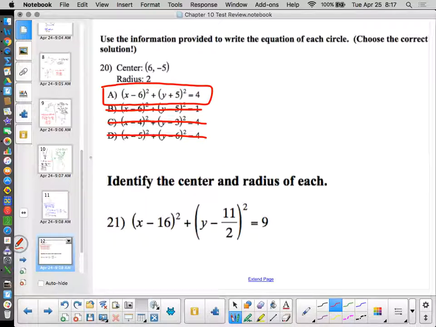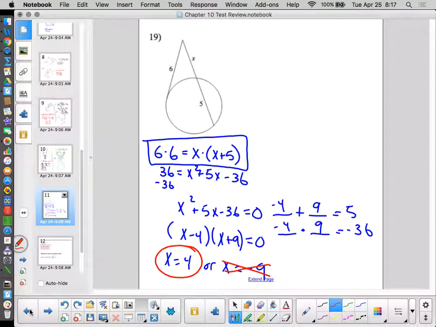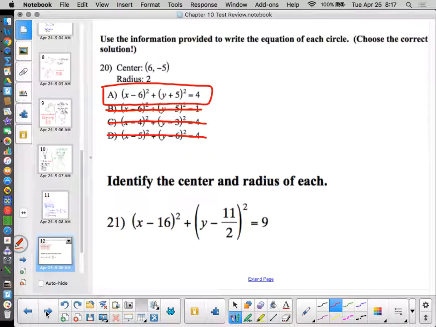If you got a problem like this in multiple choice that says find the value of x, and you knew your equation but you didn't want to do all the factoring and stuff, well, if your choices were 4, 5, 6, or 7, I could say, okay, 6 times 6 is 4 times 9. Oh yeah, 4 works. Doesn't it? And I don't need to do all the algebra portion of it if I can just pick the right solution.